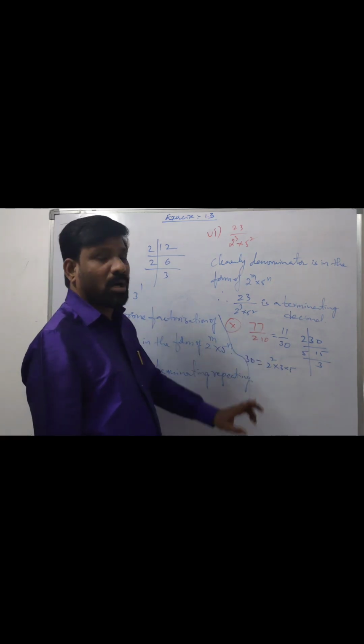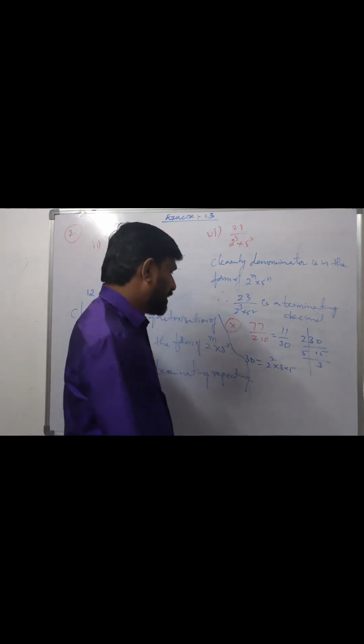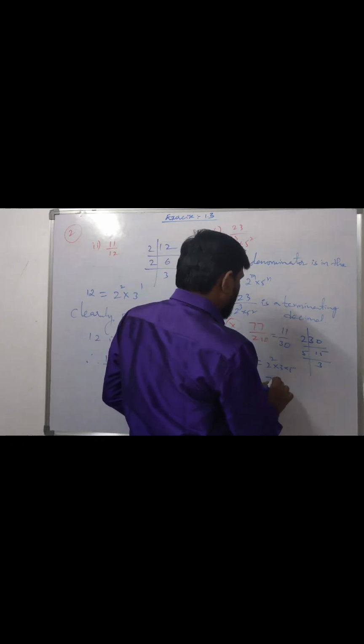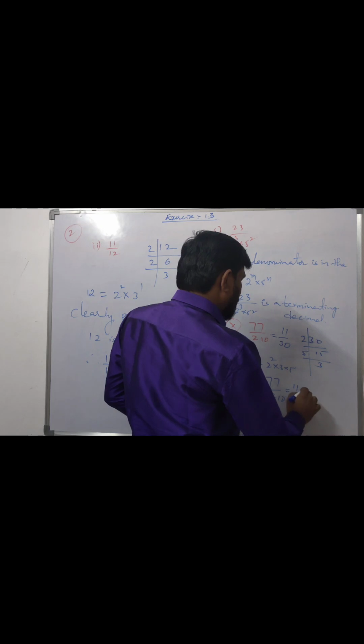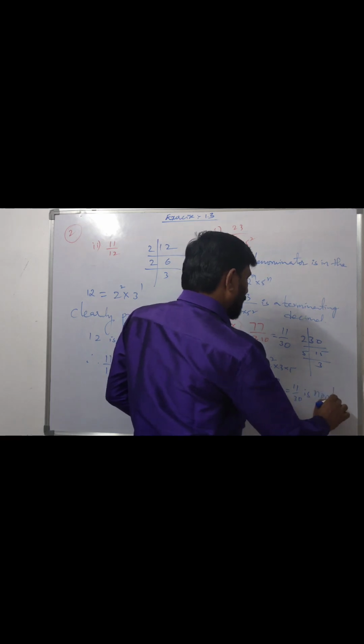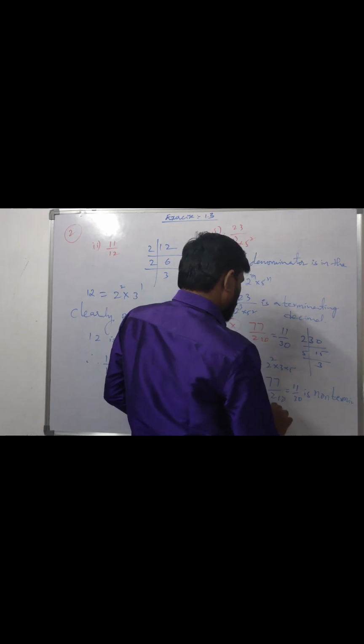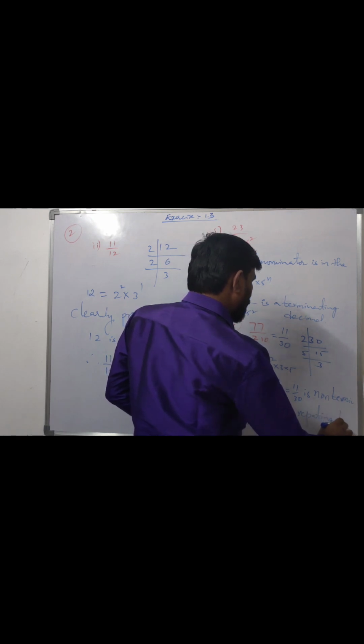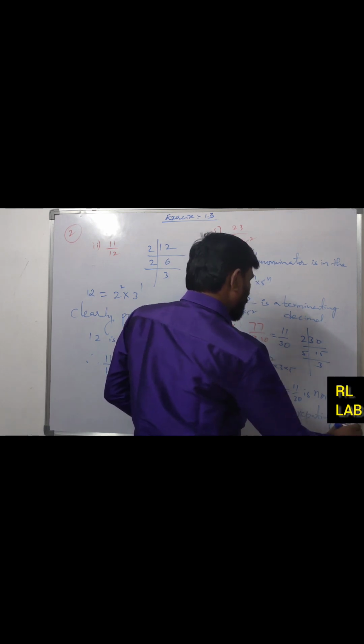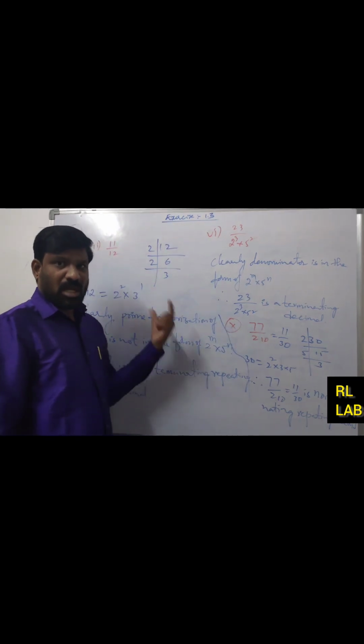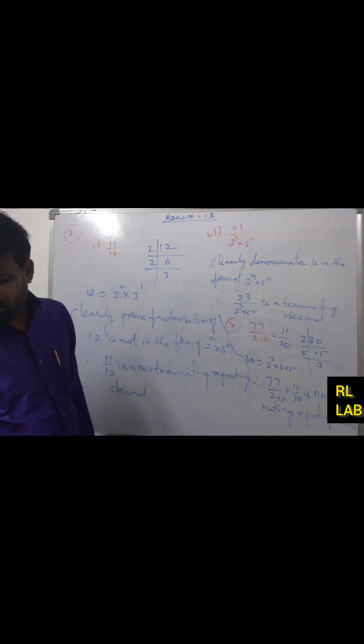So it is a non-terminating repeating decimal. Therefore 77 by 210, or 11 by 30, is a non-terminating repeating decimal. Done? I hope you understood this point, right?